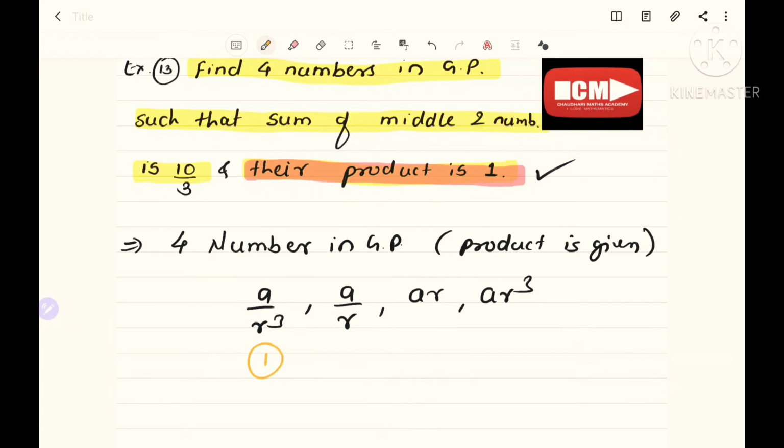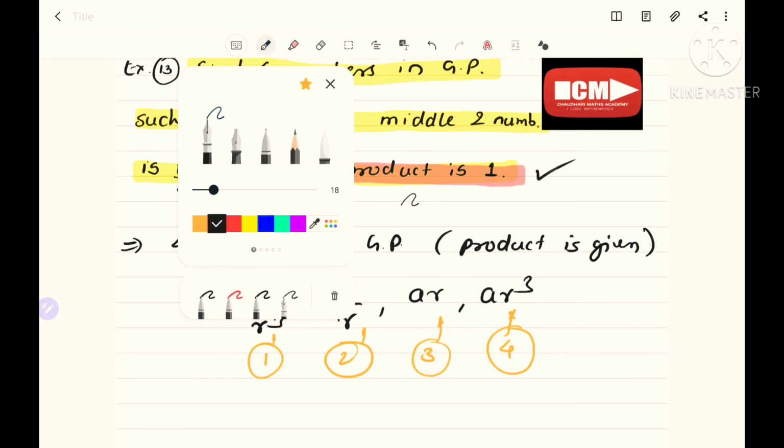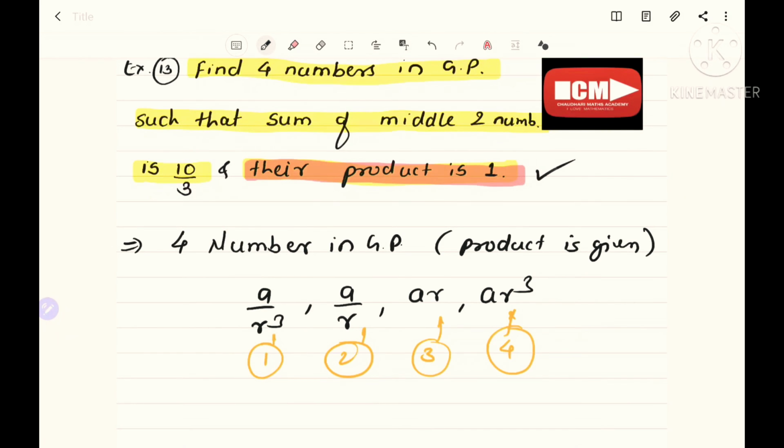This is the first number of the geometric progression, this is the second, this is the third, and this one is the fourth. After selecting these 4 numbers, let's convert the data into formulas.